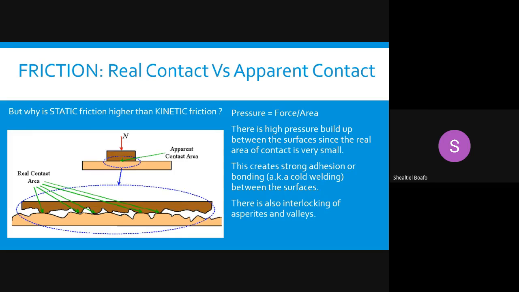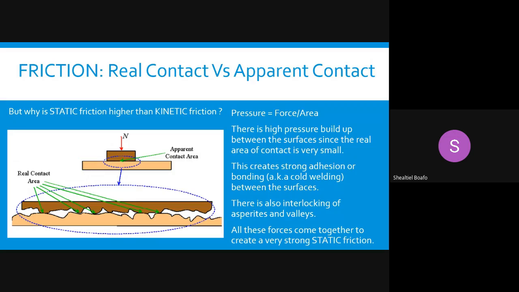And with the asperities and valleys, there's also interlocking between them, which further gets the two surfaces to be very stable in contact, such that when a force acts on them, it will be difficult for them to move, therefore resulting in the static friction. So all these forces come together to create a very strong static friction.